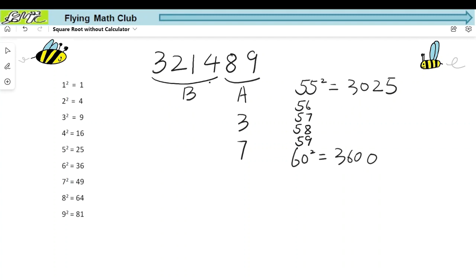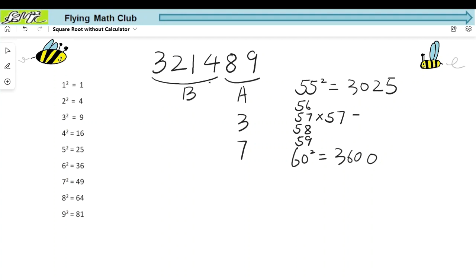We don't have to calculate each square value. We can just pick the middle number to validate. We pick 57 as validation.